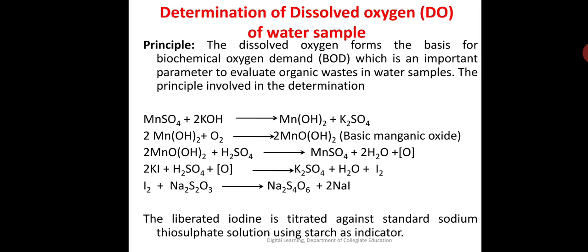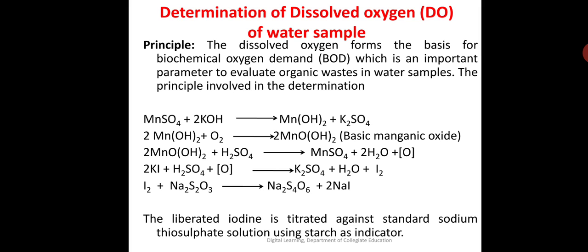The oxidation state of manganese in the manganese hydroxide is +2 and in basic manganic oxide it is +4, so it is oxidized to +4. Then this basic manganic oxide releases nascent oxygen, and thereby it is reduced from +4 to +2.